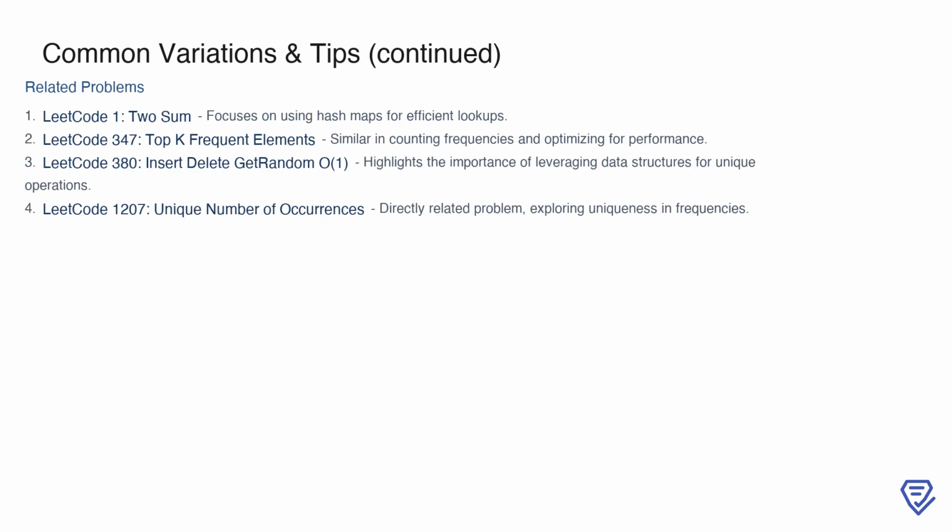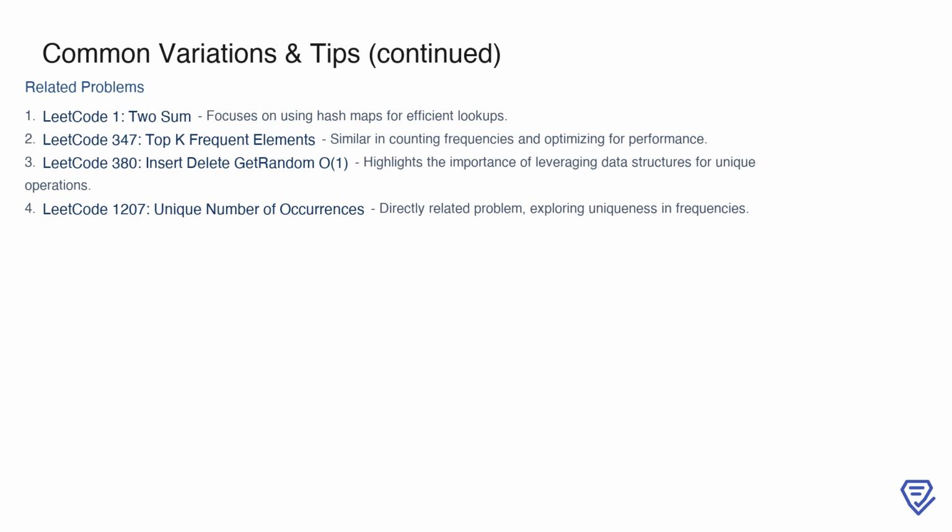It's also helpful to understand how this problem relates to others, as this can deepen your understanding and prepare you for variations. For instance, LeetCode 1, Two Sum, is a classic problem that highlights the use of hash maps for efficient lookups, a technique that's also valuable here. LeetCode 347, Top K Frequent Elements, shares similarities in counting frequencies and focusing on performance optimizations.